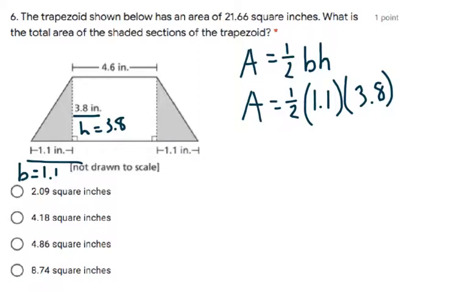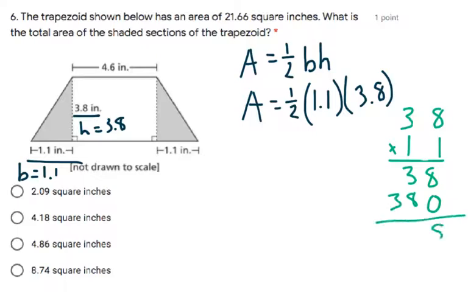I'm just going to do it off to the side here. 3.8 times 1.1. And what I'm going to do is just pretend that these decimals never existed. Okay, now I'm going to multiply 38 times 11. And my trick is to notice that I'm multiplying by 1, so I can just throw 38 down there. Don't actually have to do any operations. I put a 0 for my next step in my ones place and multiply by 10.